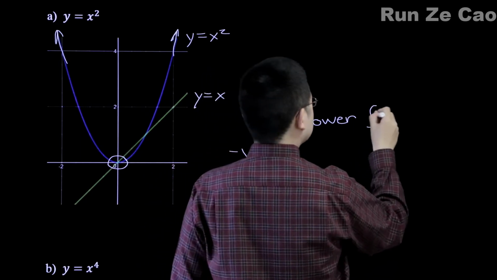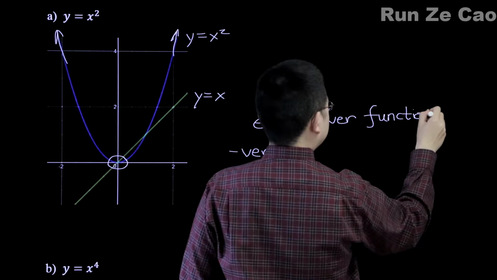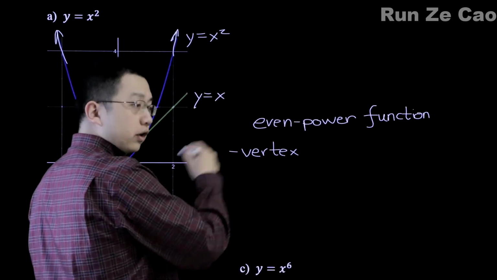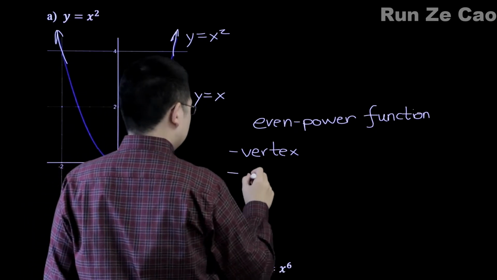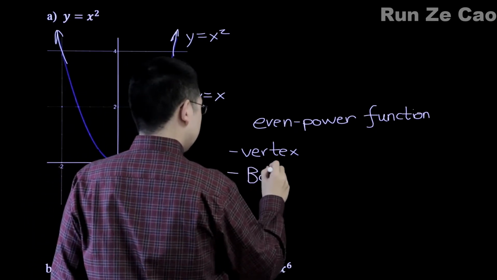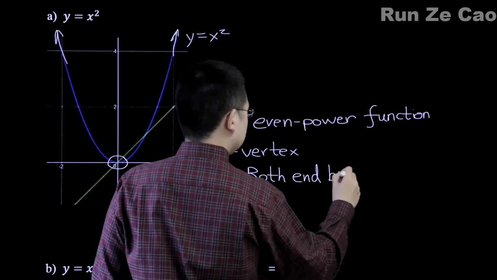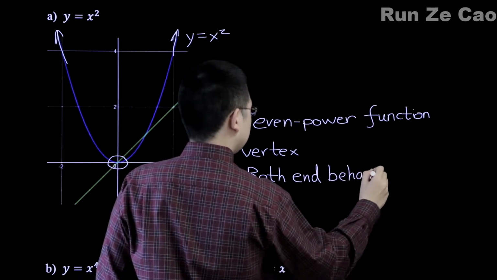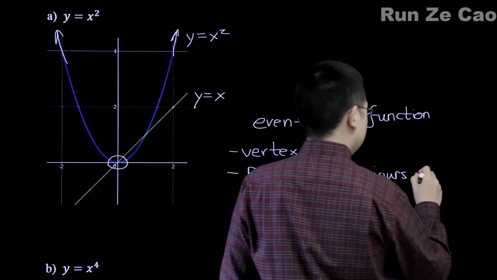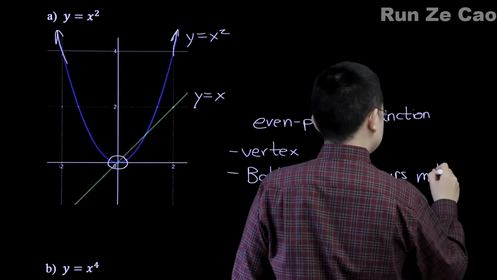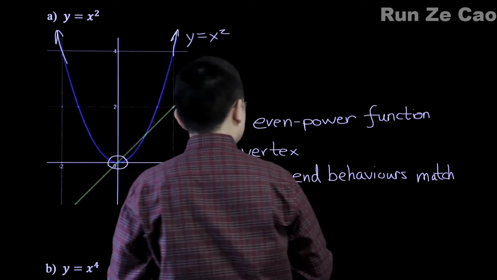Well, okay, we should probably specify that it has to be a function. There's a vertex, so a maximum or a minimum, and both end behaviors match. Although this shouldn't be a surprise given it's supposed to be symmetrical about x equals 0.